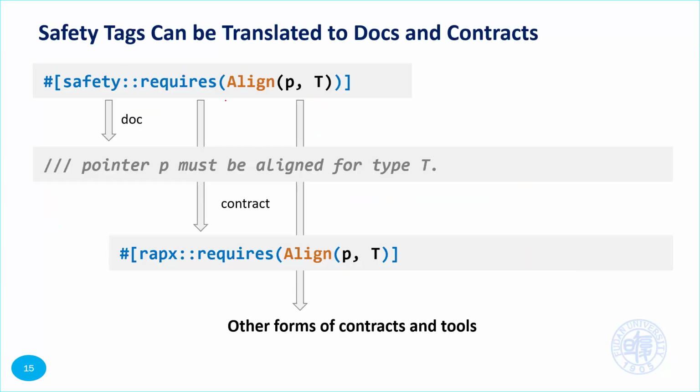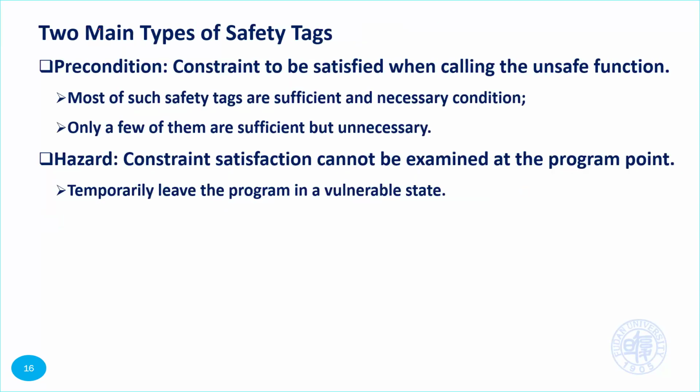Remember that a safety tag can be compiled to doc or contract. So what contract do we support? We support two types related to contract, but not exactly contract. The first type is precondition, which is the same as the precondition of contract, meaning a constraint that must be satisfied when calling the unsafe function.